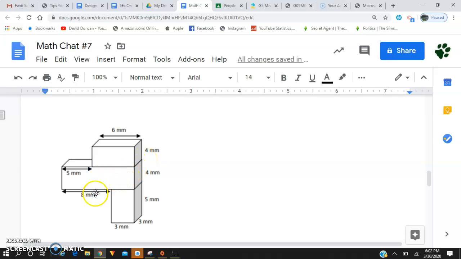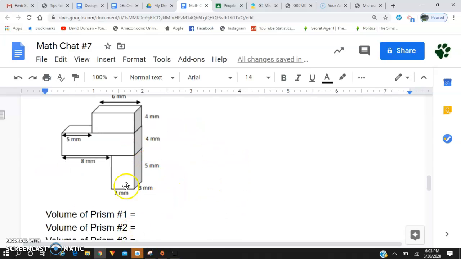Also note that in order to get the length of this middle prism, you're going to have from here to here is 5 and from here to here is 6. Because this right here is telling me from here to here is 6. So to get the length of this middle prism, think to yourself, okay, well, 5 plus 6 is going to get me what? So use that information to help you discover the volume of these 3 rectangular prisms.